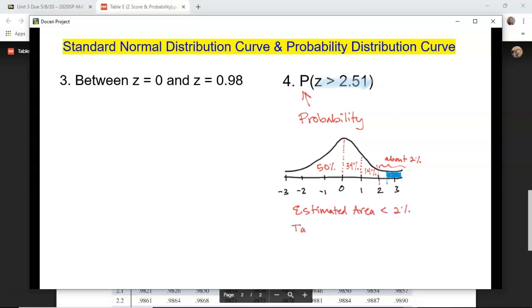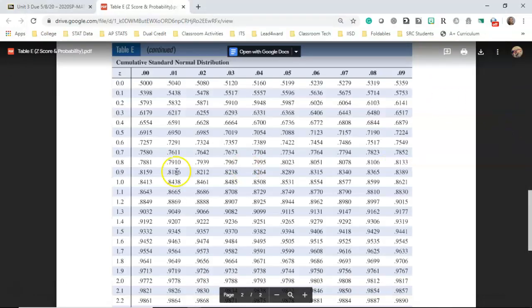That's what I expect. I expect that when I calculate this, it's going to be a number less than 2%, probably even less than 1% in reality. But we find the probability the same way. We look for this z-score in our table, in table E. So let me go to table E, 2.51.